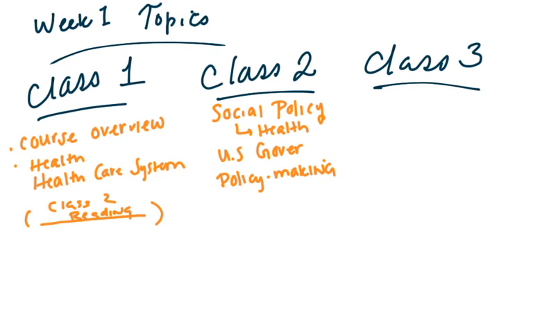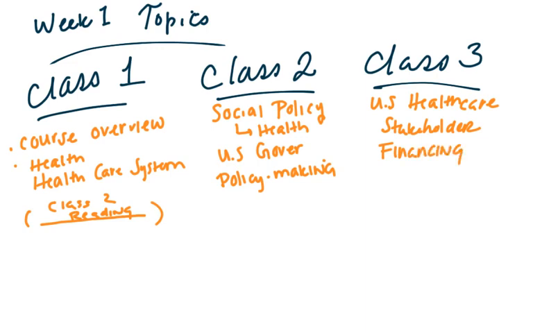Okay, so moving on to class 3. Class 3, we will focus on the structure of the U.S. healthcare system. We'll talk a little bit about the stakeholders that are a part of that system, and we'll do a quick overview of financing. We will also talk about the workforce.